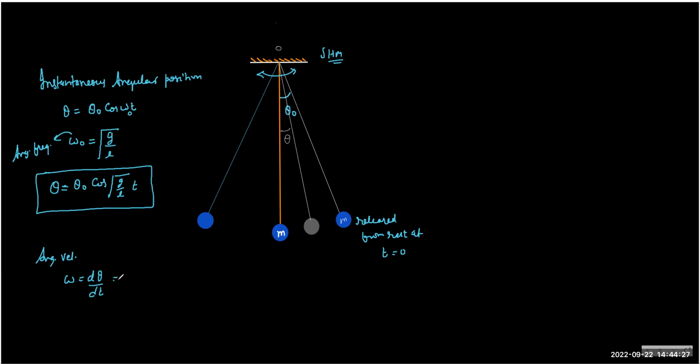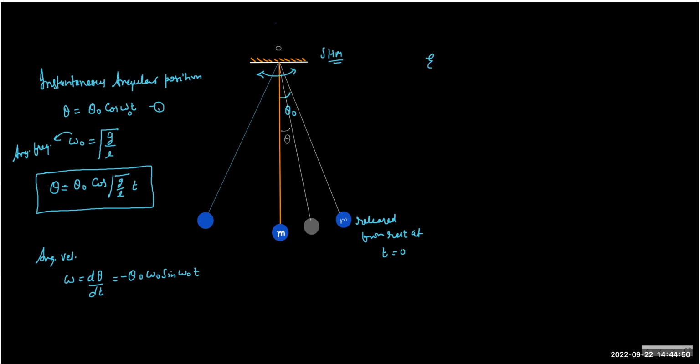And if you differentiate the above equation, what will you get? Minus theta naught omega naught sine omega naught t. Very well. So this is the question of rotational motion, isn't it? We have done this.